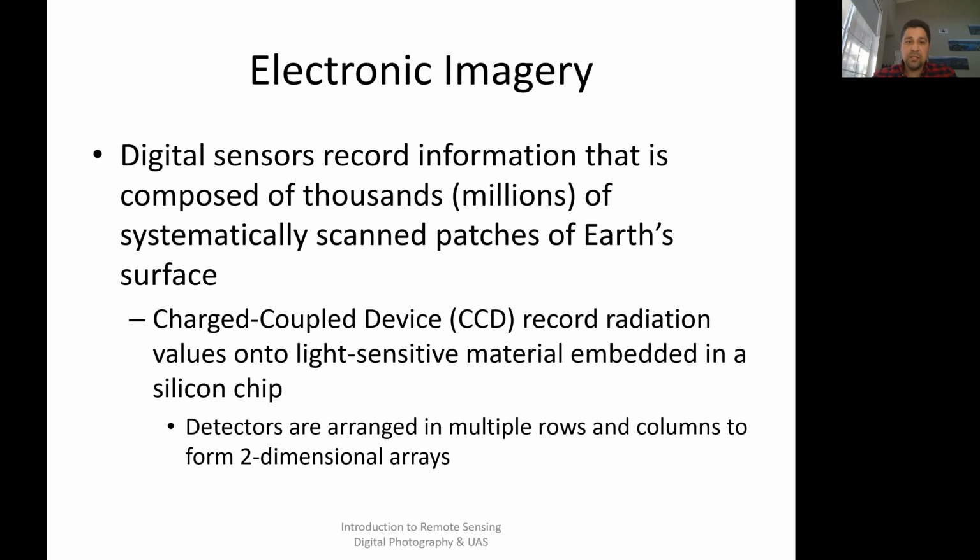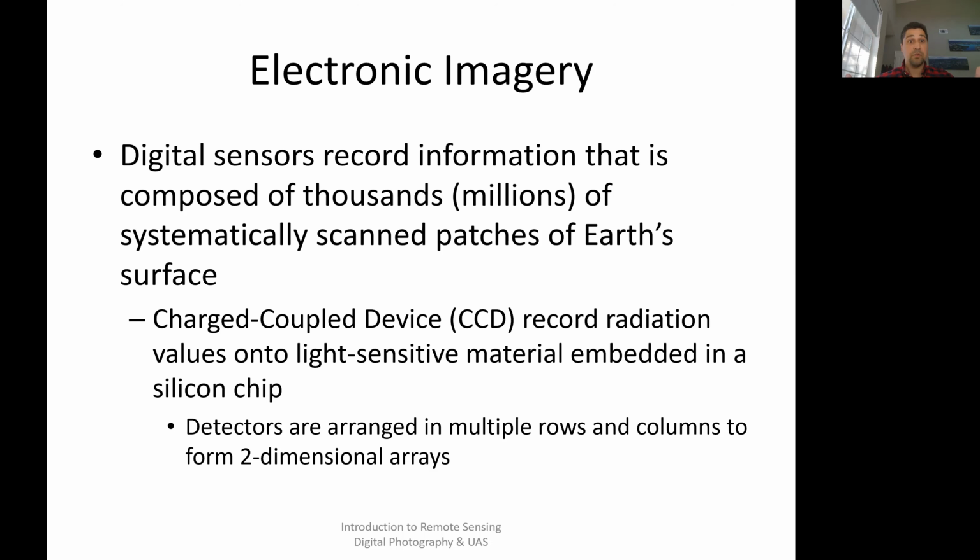There's a sensor type called a charge-coupled device, a CCD, and essentially what it does is record electromagnetic radiation values; the sensor type is light sensitive materials, all embedded on a silicon chip.